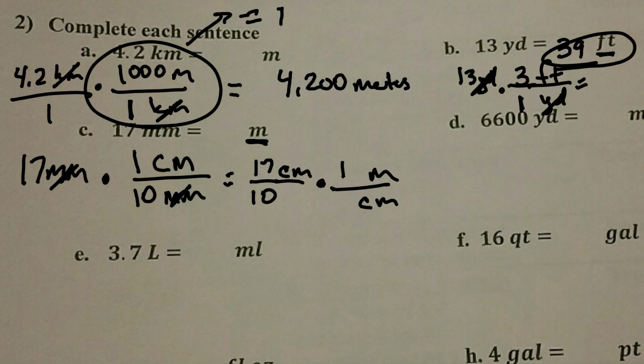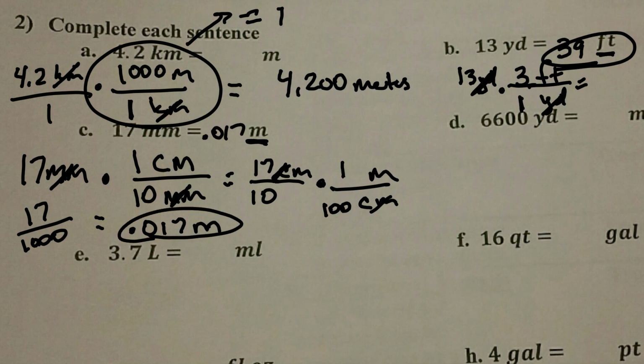I just throw that in my calculator. You could do 10 times the 100 on the bottom. So either way, you're going to have 17 over 1,000. The centimeters cancel, or 0.017 meters. So that one was a little bit harder, but it's the idea of always making the bottom cancel out until you eventually get what you want.